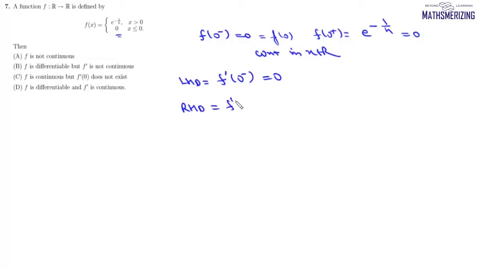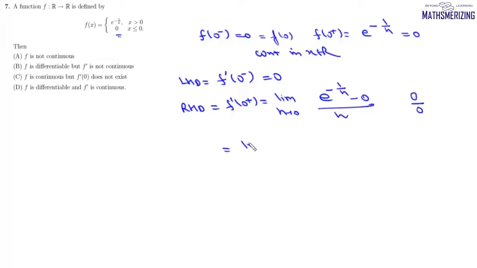It will be f dash 0 positive, which is given by limit h tends to 0, e to the power minus 1 by h minus 0 upon h, which is 0 upon 0 form.